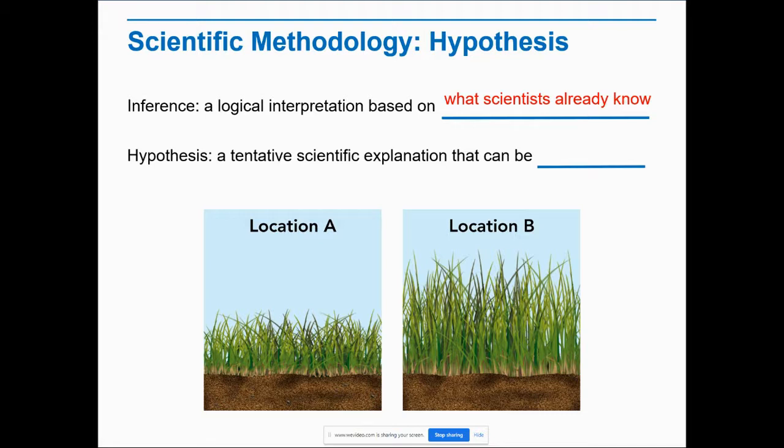But a hypothesis is a little bit different. A hypothesis is a tentative, meaning a temporary, scientific explanation that can be further tested. So an inference is a logical interpretation, basically drawing a conclusion based on what you already know. But a hypothesis is an explanation that we're going to be able to test further.